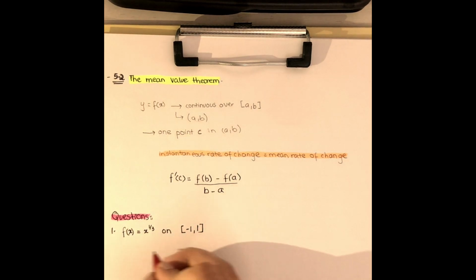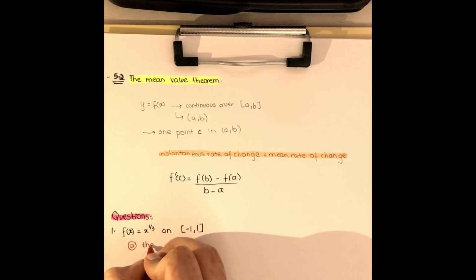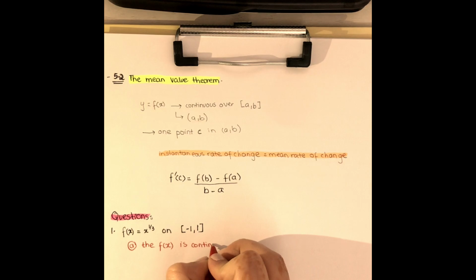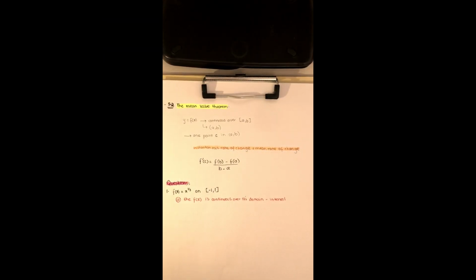We can state, first of all, that the function is continuous over its domain, or more precisely, over the interval. The first condition is satisfied as the function is continuous over the interval.